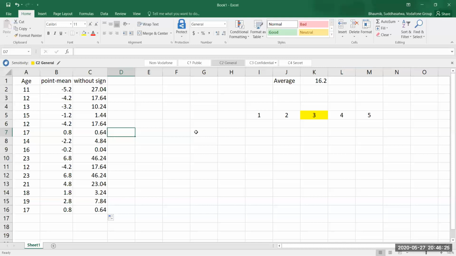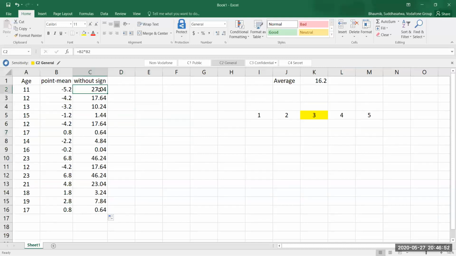Why have I done that? It is because I don't want to represent the age in a way which is not part of that scale. So that scale is going to be violated if I don't do a square, right? So once I have done the square, now the values are all positive, and because the values are positive, it becomes quite easy for me to look into the essence of these.